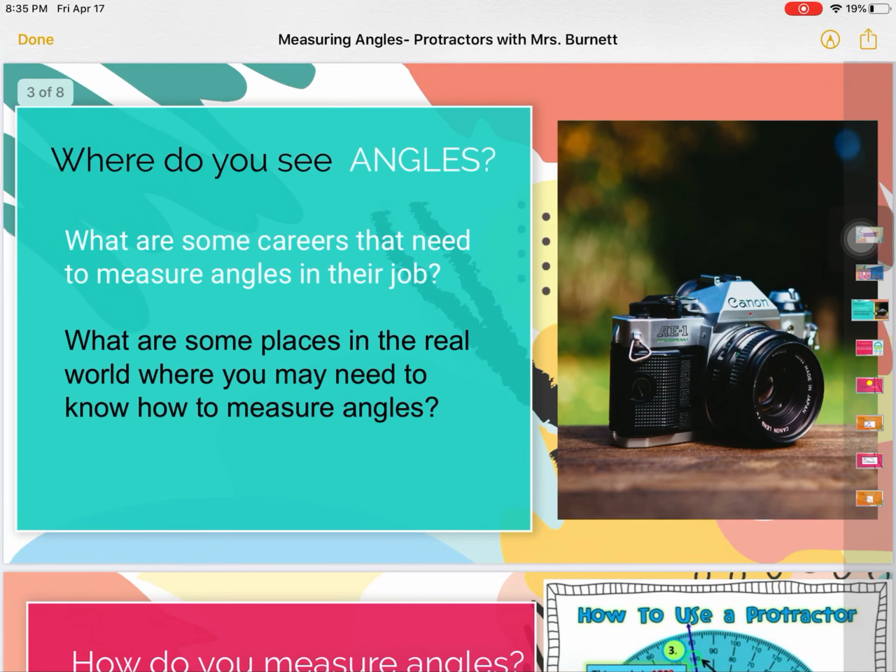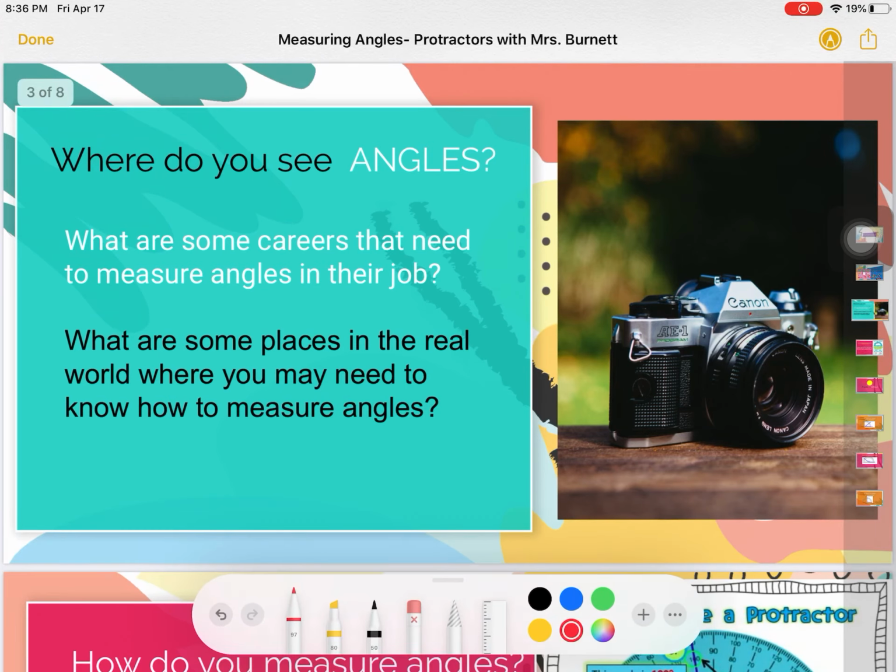All right, so let's keep thinking about angles. There are all types of angles out there, and there are different careers and jobs that use angles. So what are some places in the real world that you think we may need to know how to measure an angle? And obviously we can think about school. We're learning how to measure angles in school, but there are people with jobs that maybe they're builders.